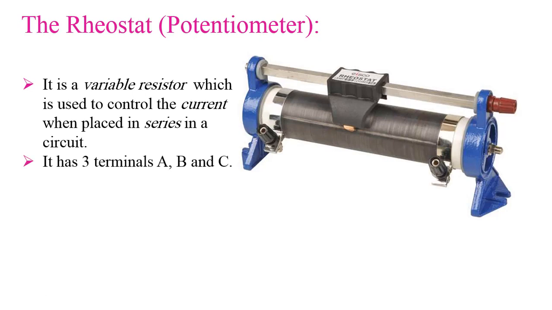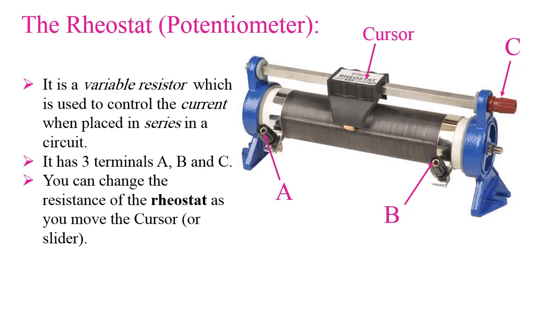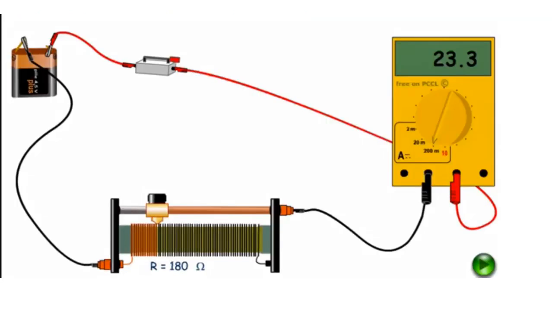The rheostat has 3 terminals, A, B, and C. To change the resistance in a rheostat, you move the cursor, then the resistance changes, and consequently the current. Let's see how the rheostat works.